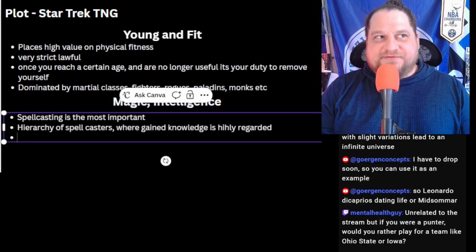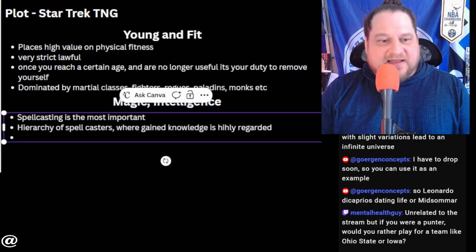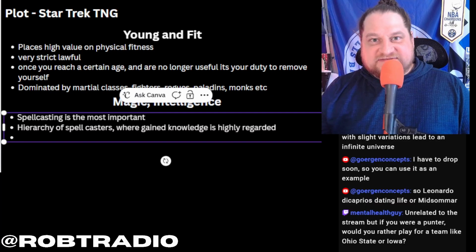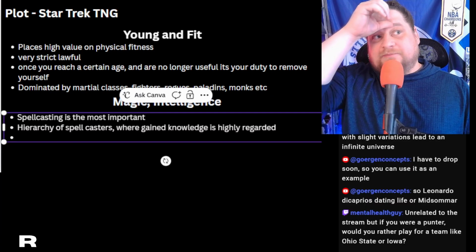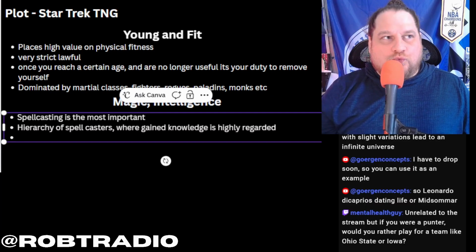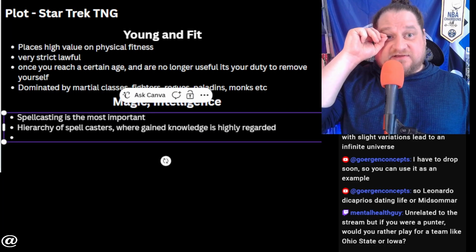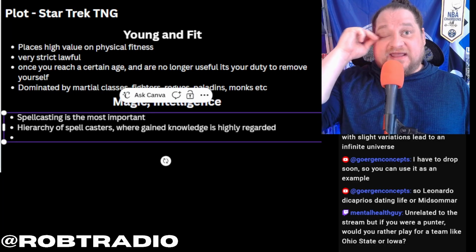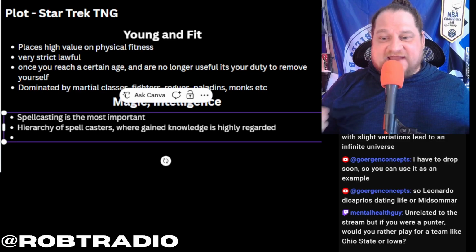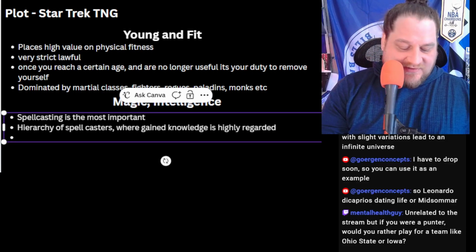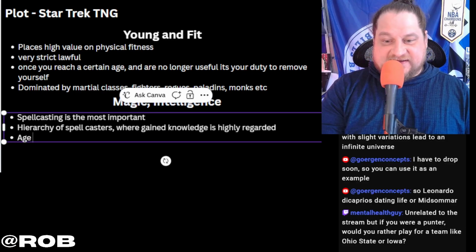And so that is going to be the source of our plot line, right? These two cities are in conflict. So what would my group be, right? What's the party composition and whose side would they fall on? Age is a blessing here.